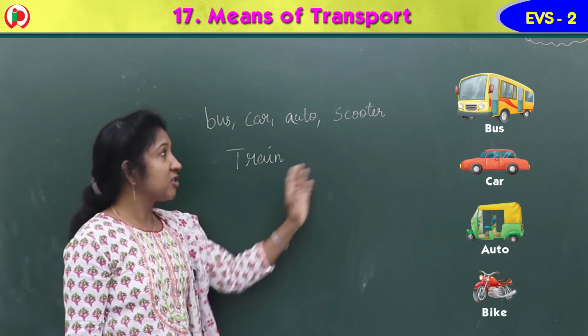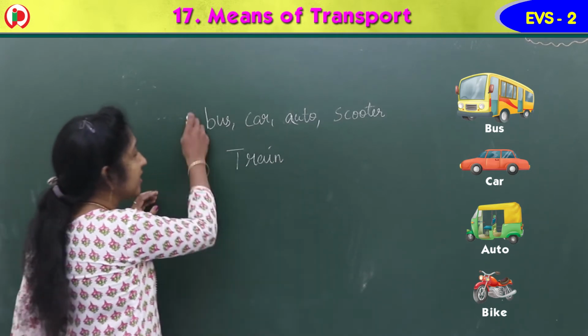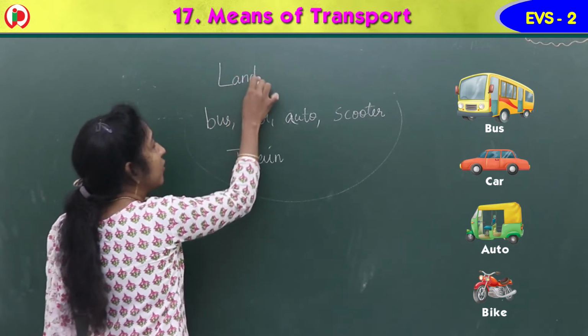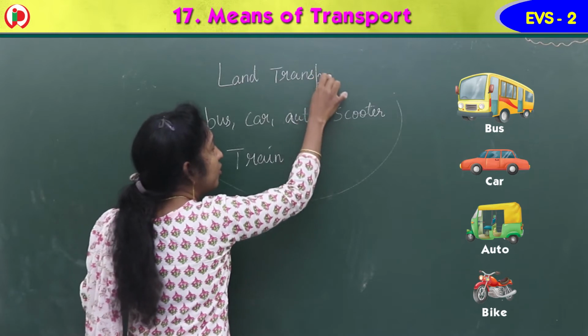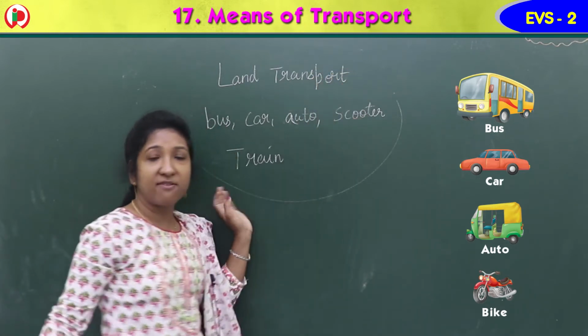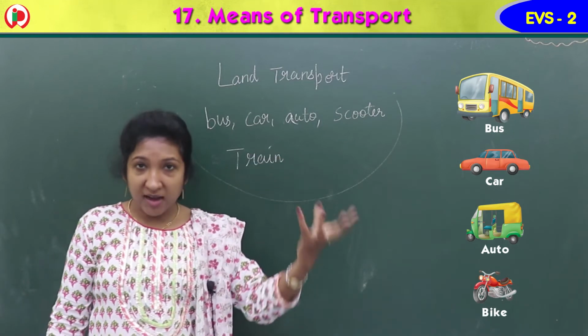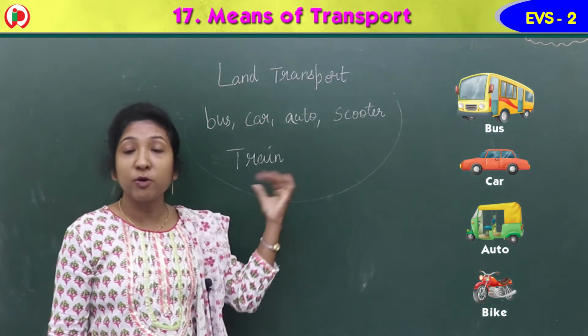All this, train, auto, car, bus, moves on land. So these all are called land transport, because they are moving on road or land, where we live. So the transport that moves on road or land is land transport.